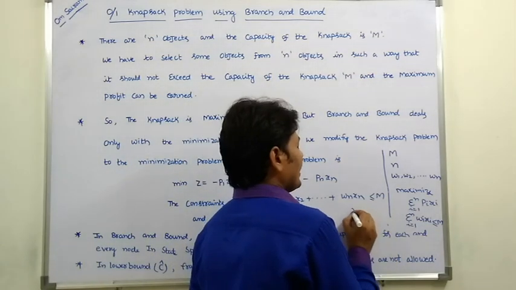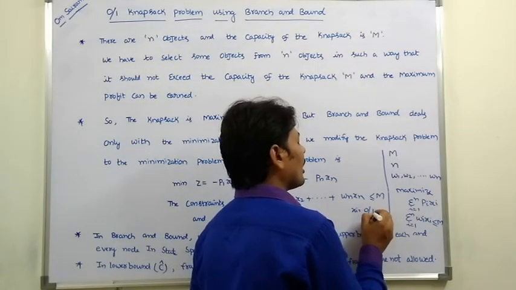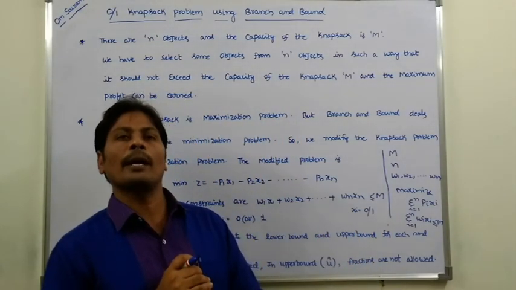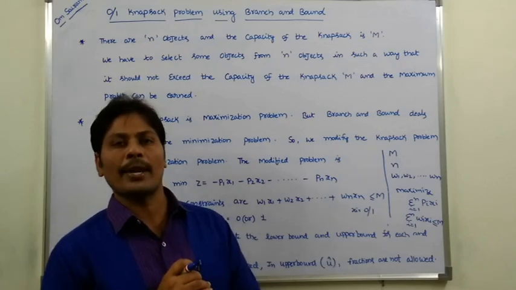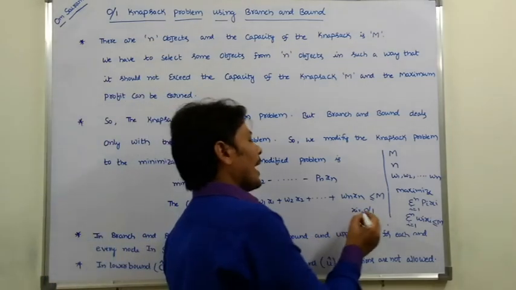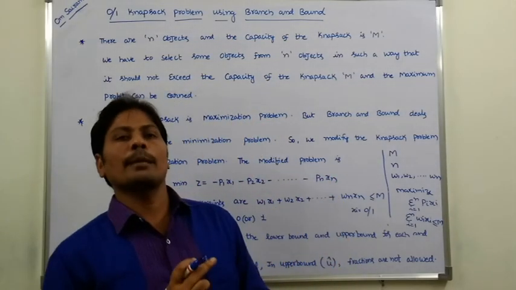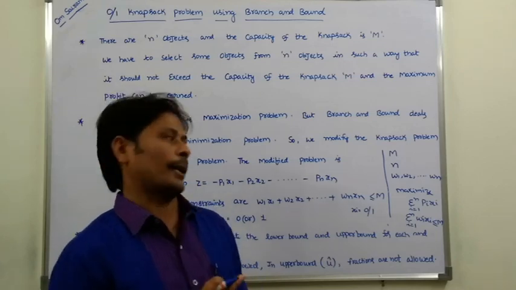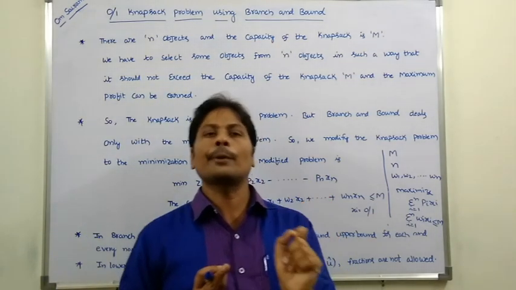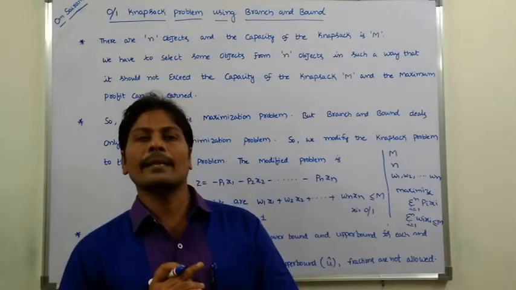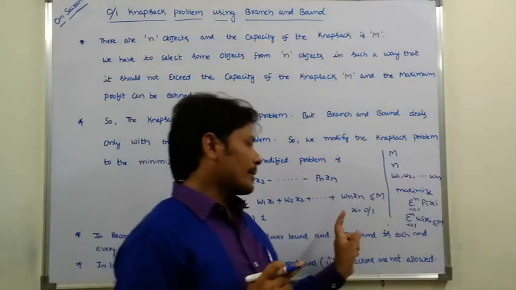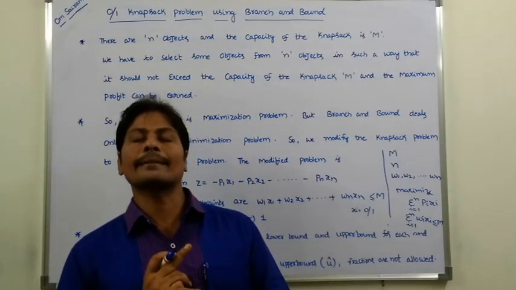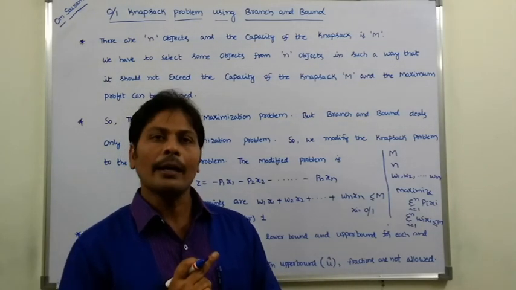Next, here xi is equal to 0 or 1. xi equal to 0 means we do not place the object into the knapsack. xi equal to 1 means we place the complete object into the knapsack.